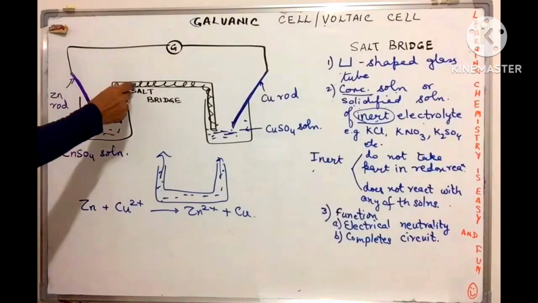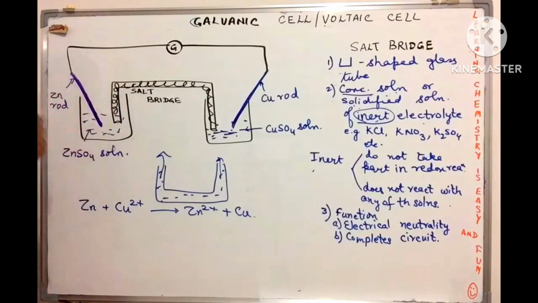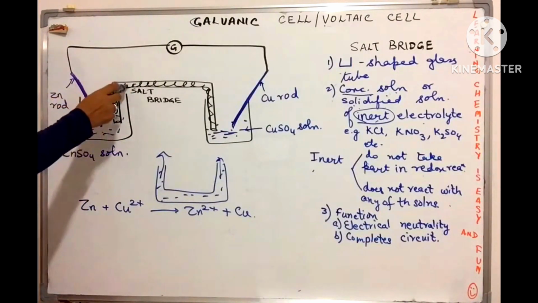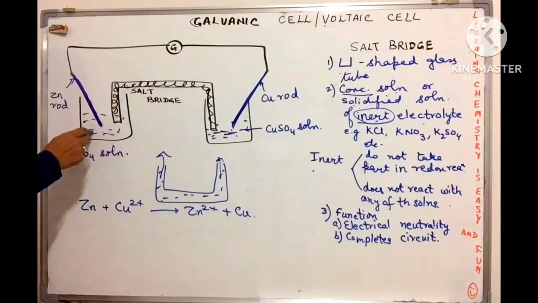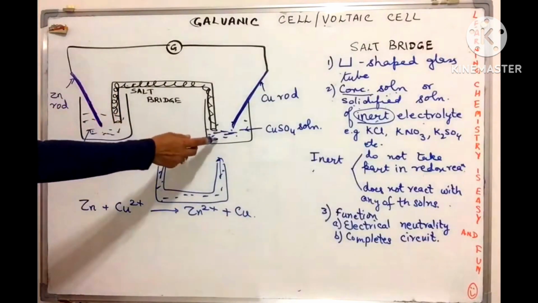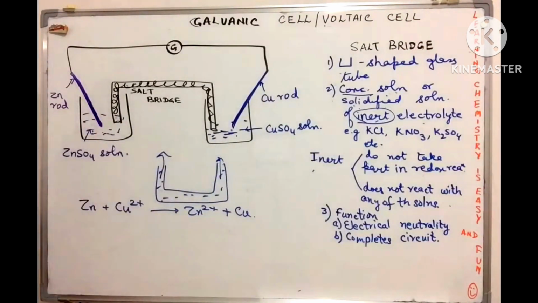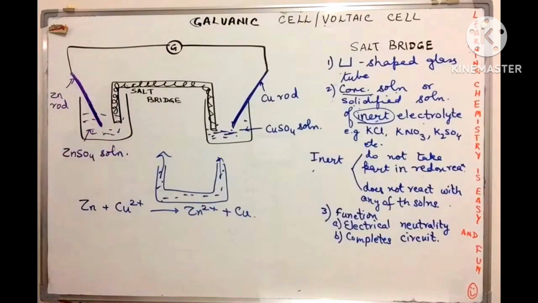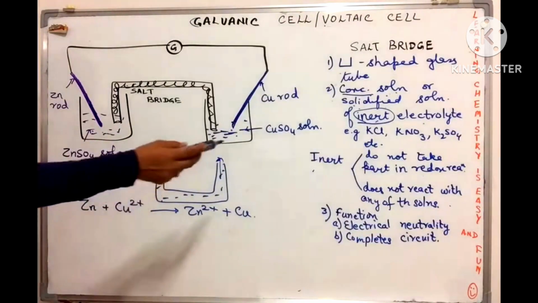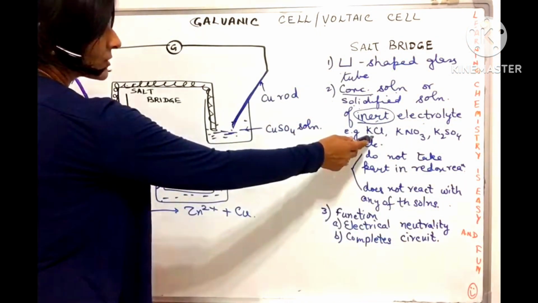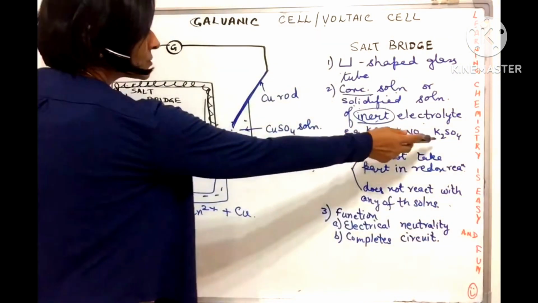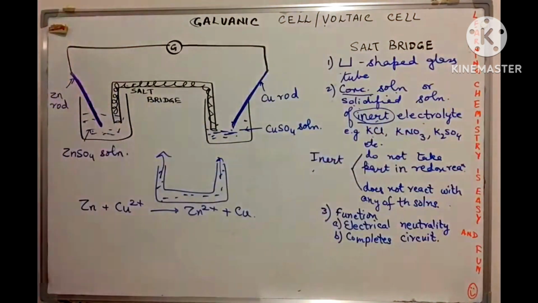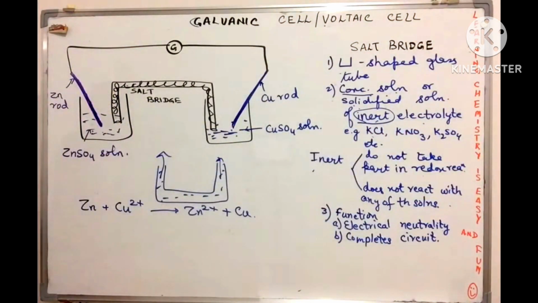So the ions of the salt bridge, the salt that we are going to take over here, will not react with either the zinc and sulfate ions or the copper and sulfate ions in the two parts of this electrochemical cell. Examples of such electrolytes are KCl, KNO3, K2SO4, etc. You can also have NaCl, although potassium salts are preferred.